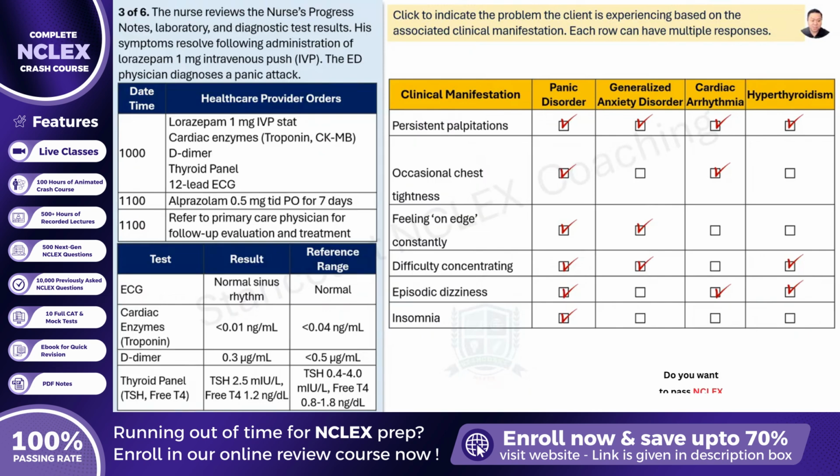The same is true with GAD, because insomnia is part of the DSM-5 symptoms. Worrying late at night, racing thoughts, and restlessness all contribute. And if the patient has stress and chronic worry, then generalized anxiety disorder is high on the list.